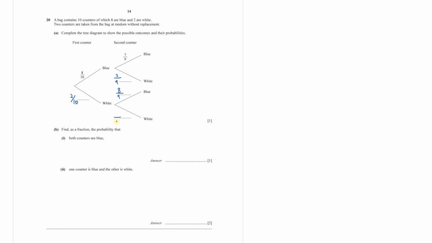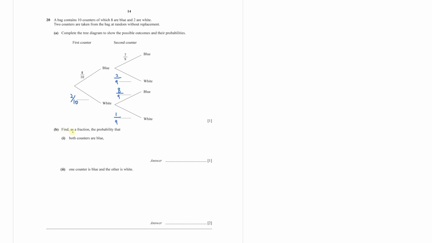And then again here, still 9 remaining. If you picked the first one as white, there were only 2 at the start, so you have 1 white left in the bag. So the probability of picking a white one the second time is 1 over 9.